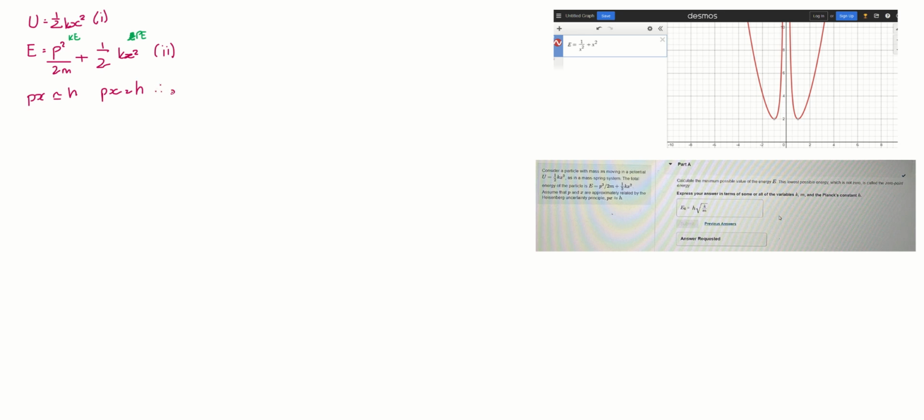So we can rearrange that. Therefore x equals h over p, and we can sub that in.